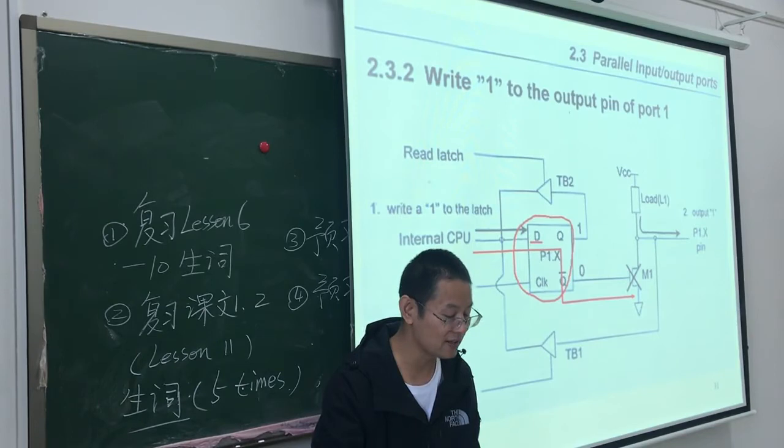If D is 1, Q is 1. If D is 0, Q is 0. Q bar is 0.